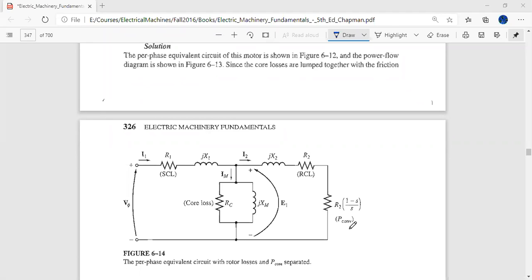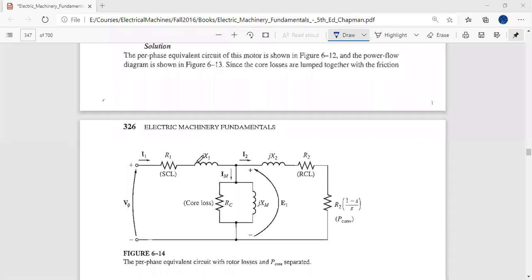So this converted power is a mechanical parameter after all the electrical losses are gone. And from this converted power, we need to just subtract the rotating losses to find the output power which is going to the motor.